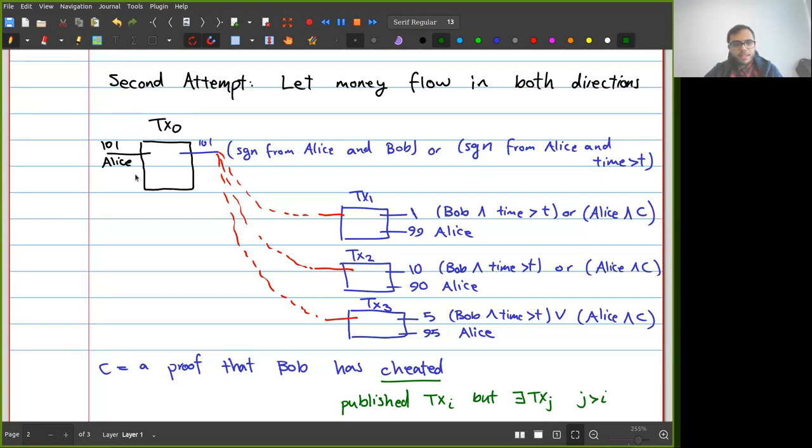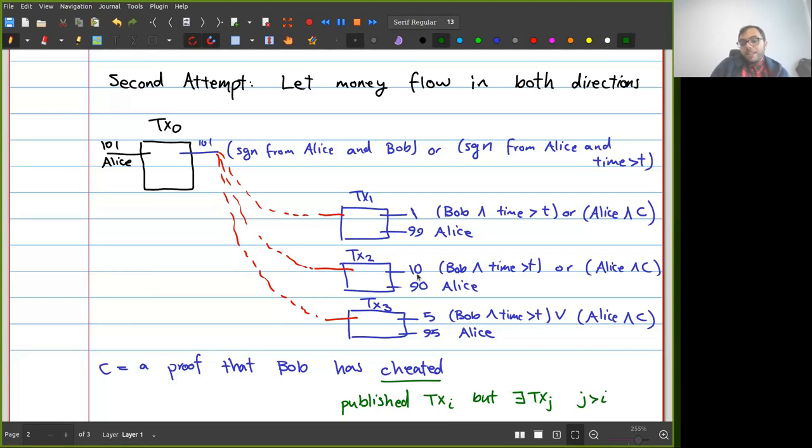Whereas here, you had this entire condition, right? So basically transaction 0 is locking Alice's funds. And then in each one of these transactions, for example in transaction 2, Alice is saying, I'm willing to pay Bob 10 units, assuming that Bob does not cheat, right?